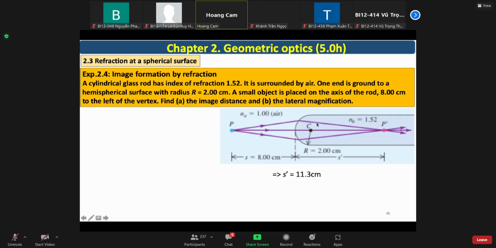That's why you can draw the refracted ray like this. The refracted rays gather at the point P prime, which is the image. So we see the image in this case is real.